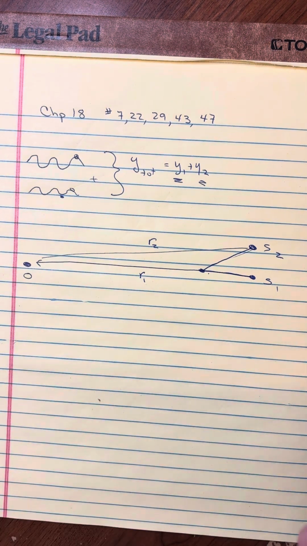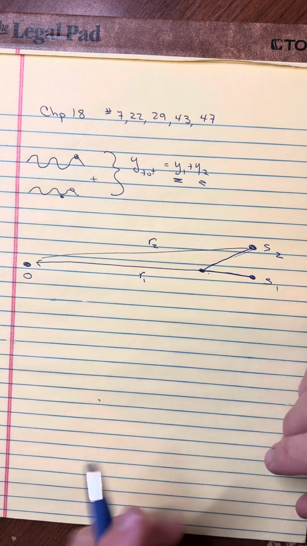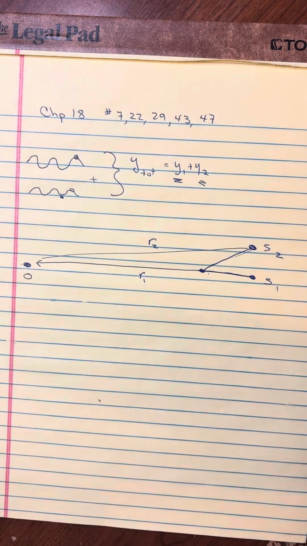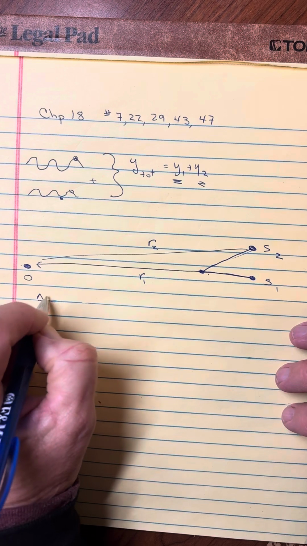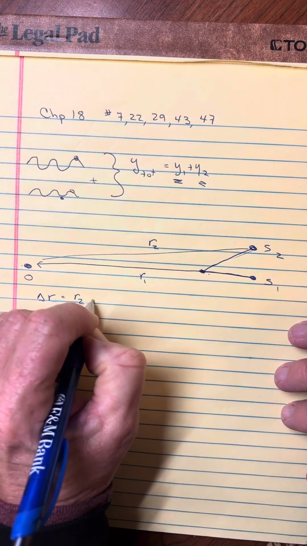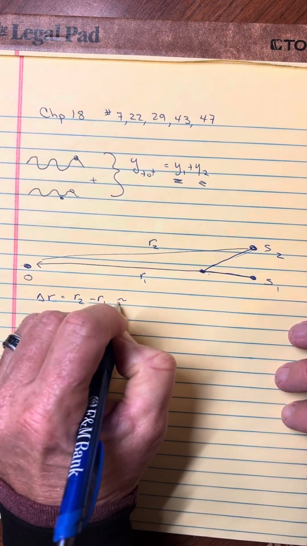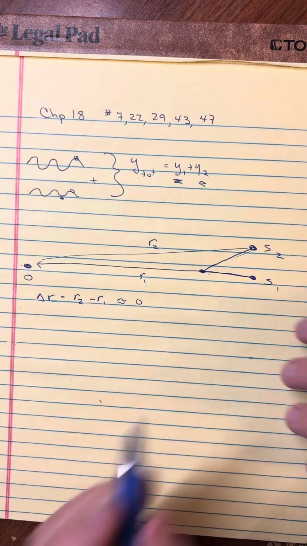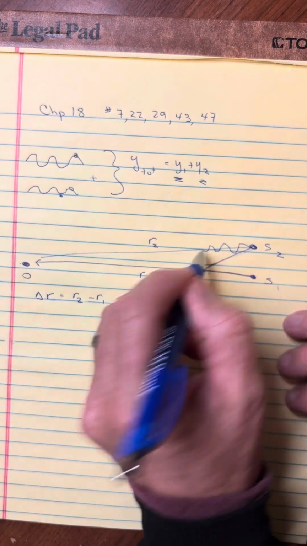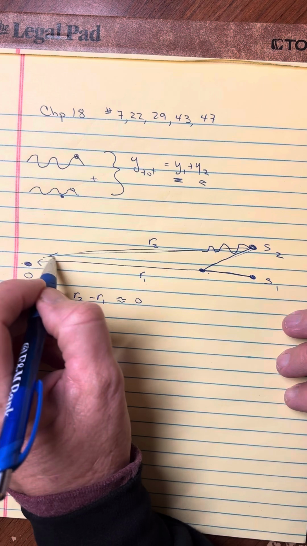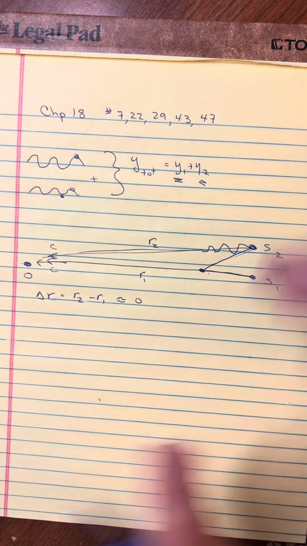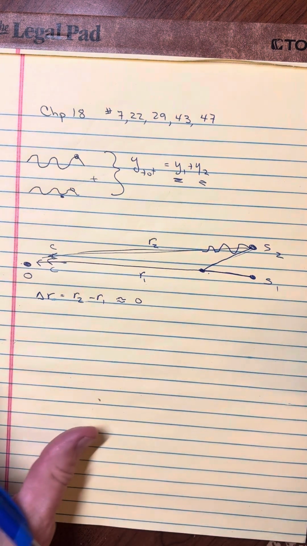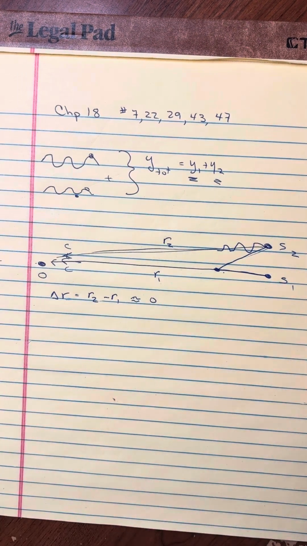Now, they never get exactly the same, but if you were really, really, really far away, you might say something like this: the delta R, the difference between the longer one and the shorter one, would be approximately 0. And that means if you had a bunch of waves here, the crest of one of them would line up with the crests of the other, and you would get constructive interference.